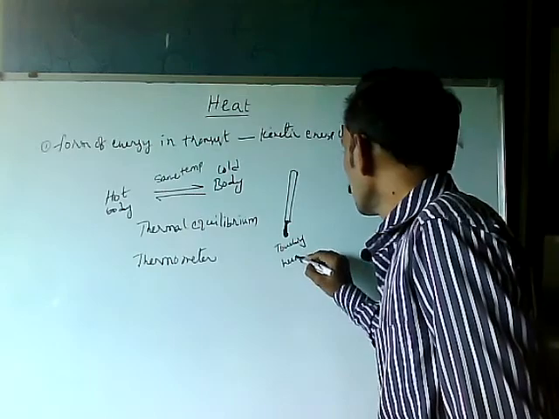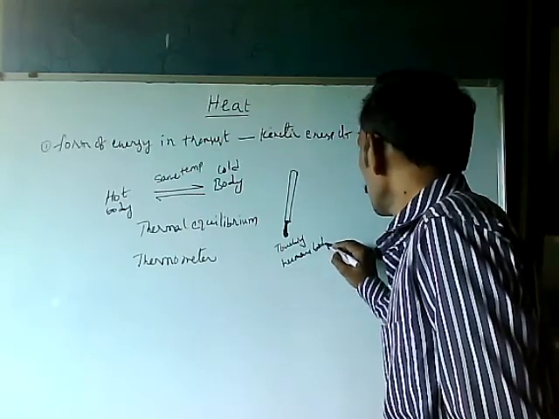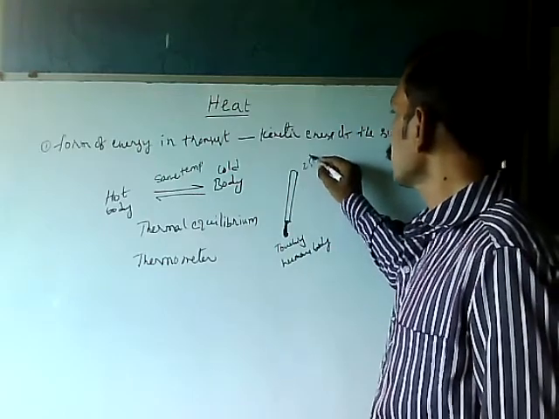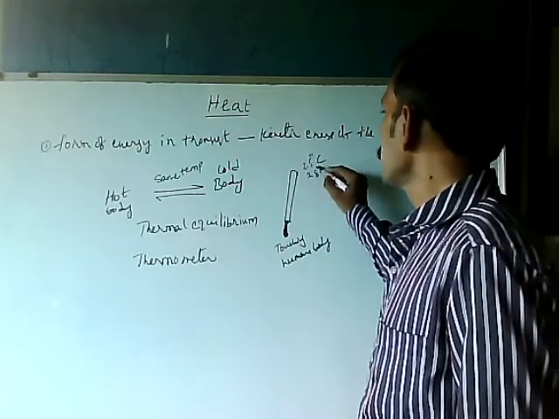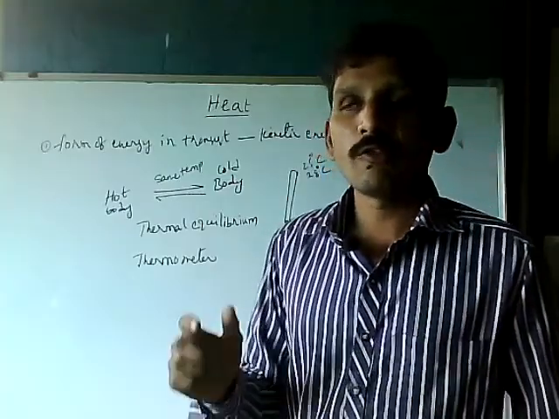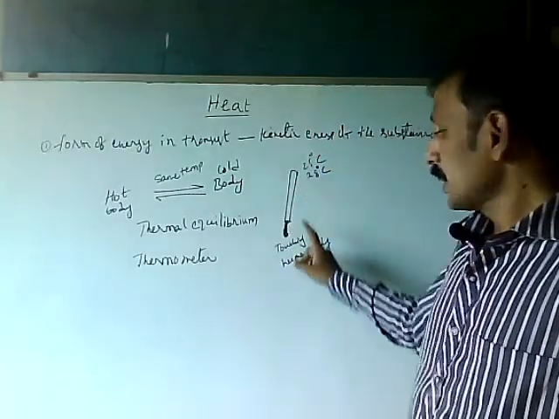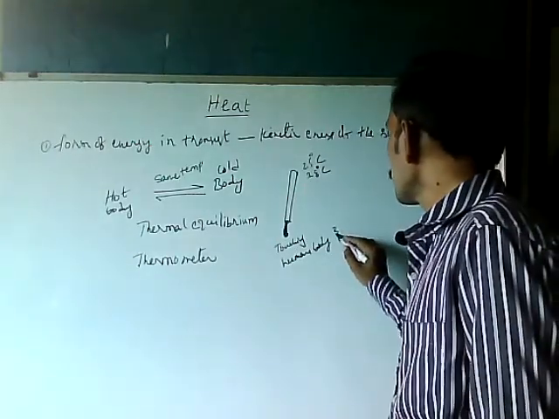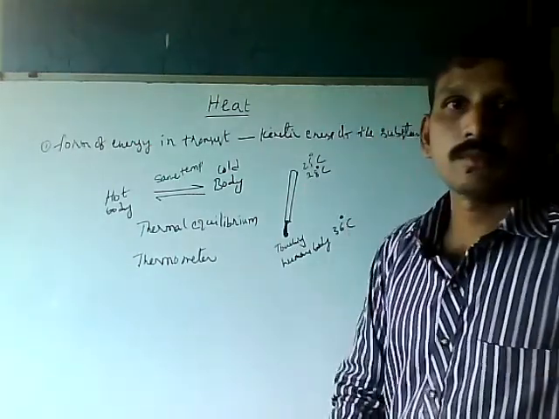Remember the room temperature is nearly 25 to 28 degrees Celsius, depending upon the season. When the thermometer touches our body, our body is at 36 degrees Celsius at normal temperature.